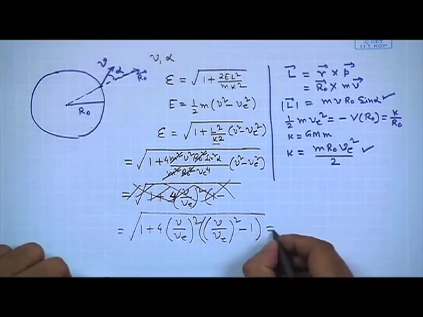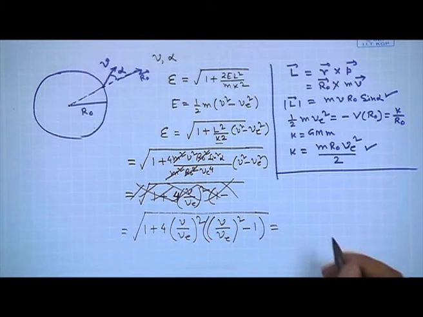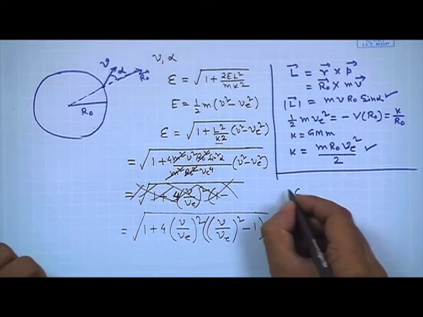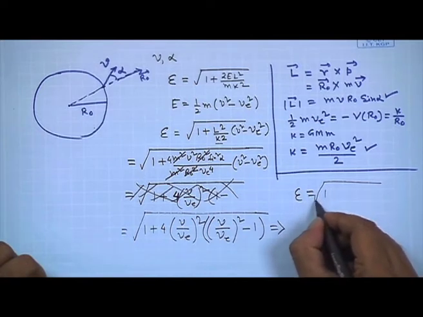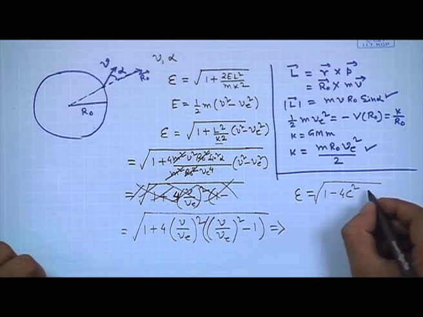Now, this can be further simplified to give epsilon is equal to root over 1 minus 4 c square into c square minus 1.